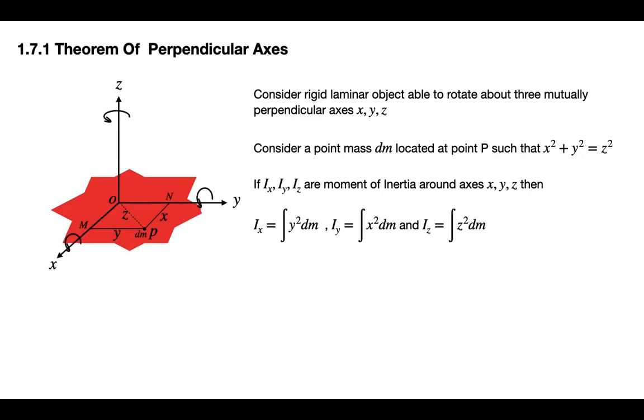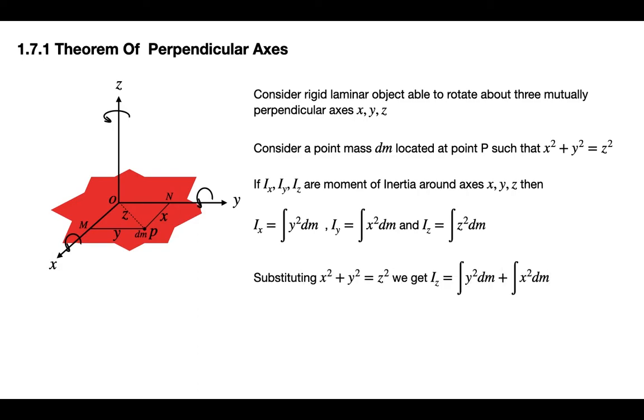So if Ix, Iy and Iz are the moments of inertia around the axes x, y, z, then Ix, the moment of inertia around the x-axis, is equal to y square dm, because that mass is at a distance y from the x-axis. So Ix is equal to y square dm, Iy is equal to x square dm, and Iz is equal to z square dm.